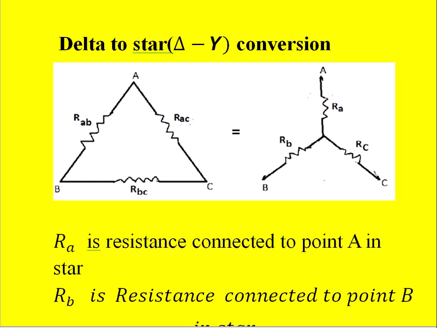In such situations, it is not possible to simplify the circuit with the normal relations of series and parallel connection of elements. So it is necessary to convert those delta connected elements into star form, or star form elements into a delta connected system.